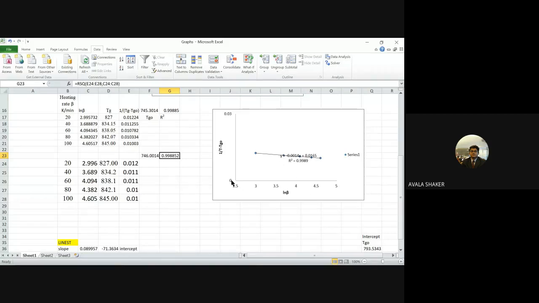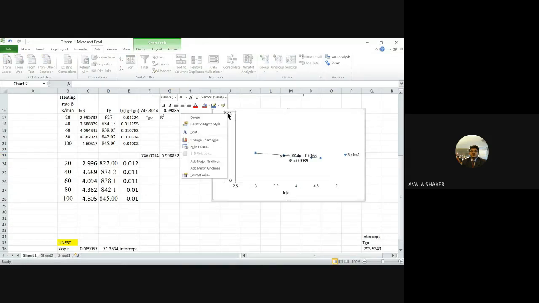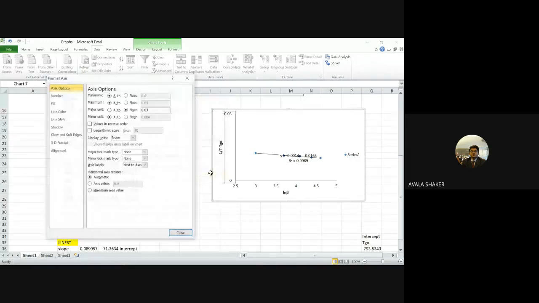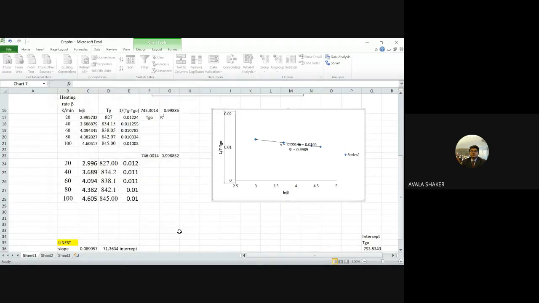But what has happened is that these values have changed. This graph has to be readjusted again. Okay, format axis. So I will take it as 0.1. I can take it smaller also.